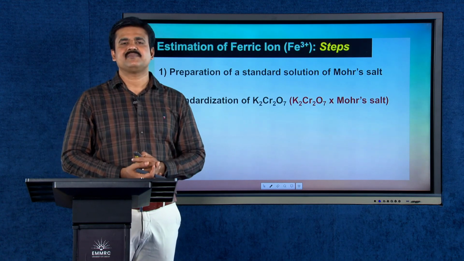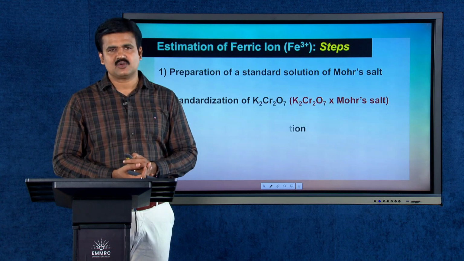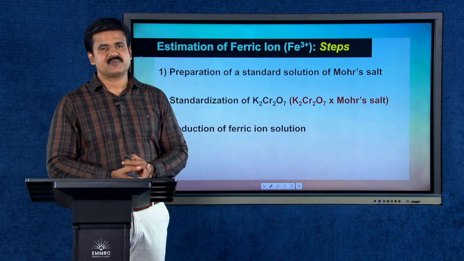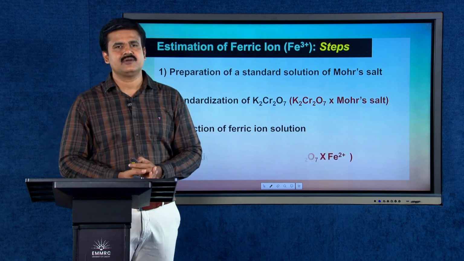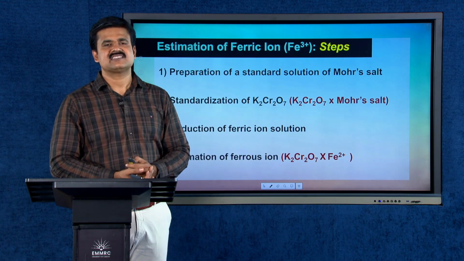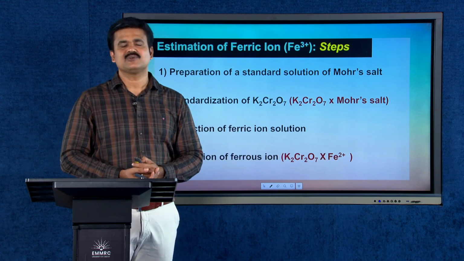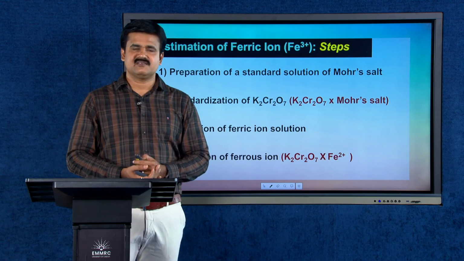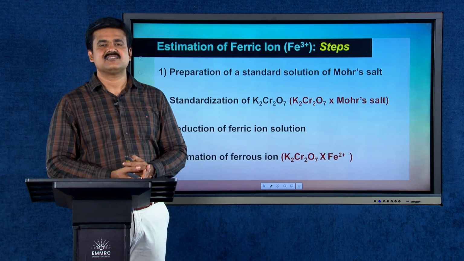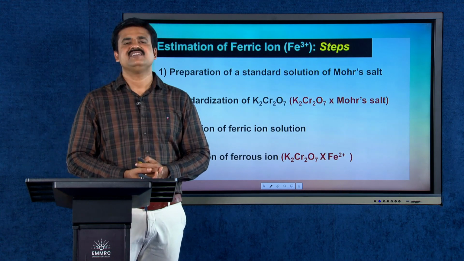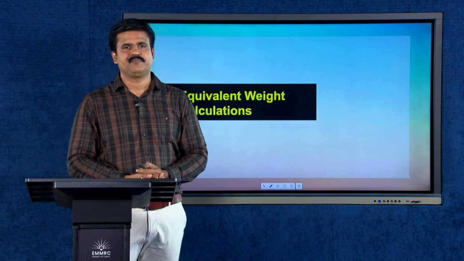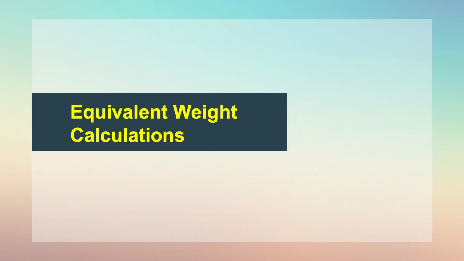The second step is the standardization of K2Cr2O7. The third step is the reduction of Fe3+ ion present in the given solution to ferrous ion. And the fourth step is the titration of the ferrous ion solution, that is reduced ferric ion solution, with the potassium dichromate to estimate the amount of ferrous ion, which is equivalent to the amount of ferric ion present in the sample.